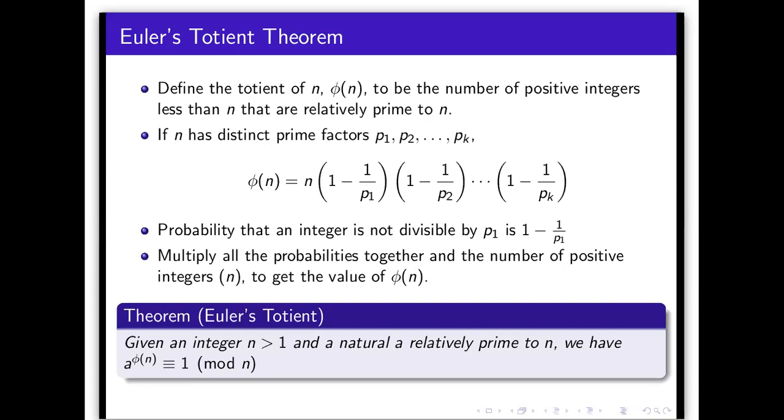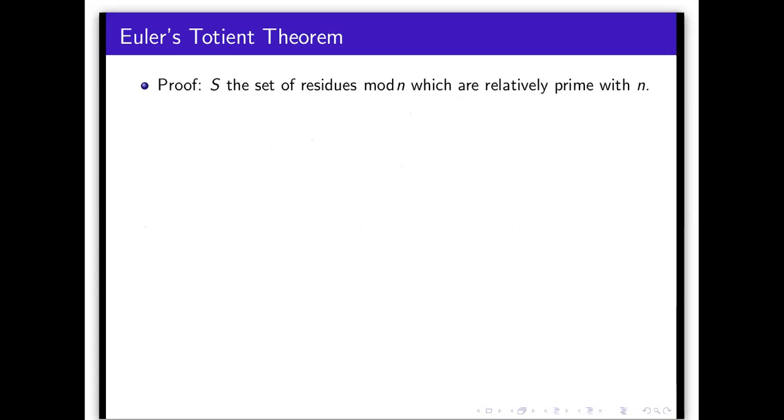All right, so I'll just quickly go through the proof. If we consider S to be the set of residues mod n that are relatively prime with n, then we can consider another set T, which is formed by taking every element of S, multiplying it by a, which is some positive integer relatively prime to n, and then computing that mod n.